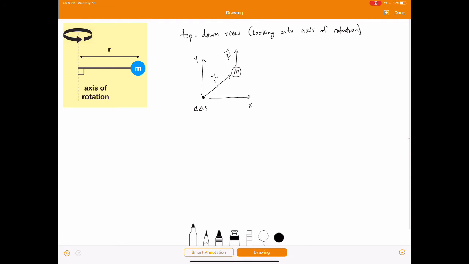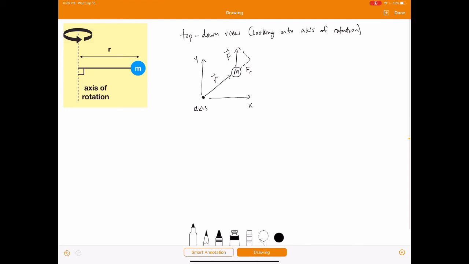And with that force, we can break it up into components. Here's how I'm going to do that. This component that's going parallel to the r vector, I'm going to call it FR. Technically, we would call that the radial component of the force.